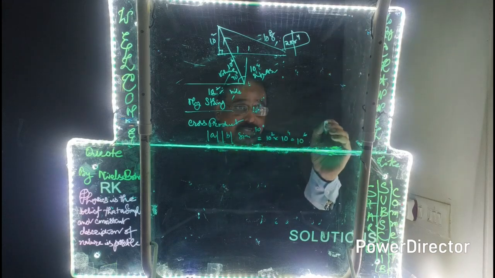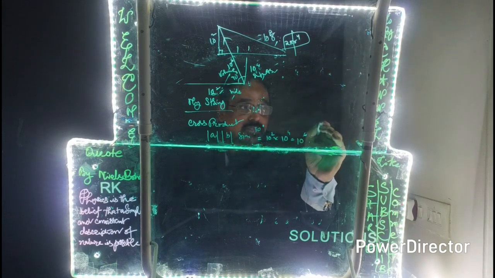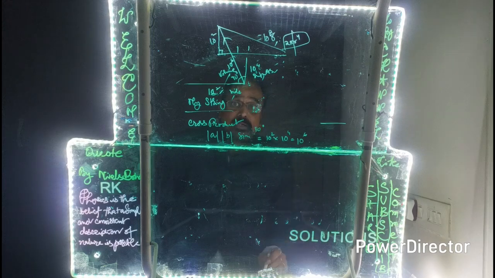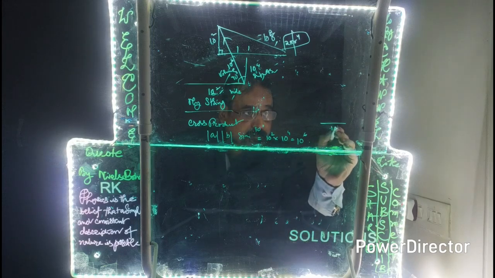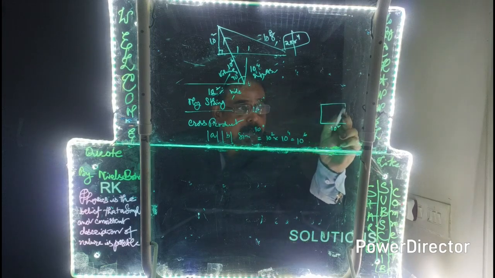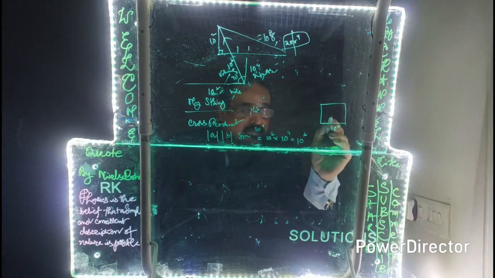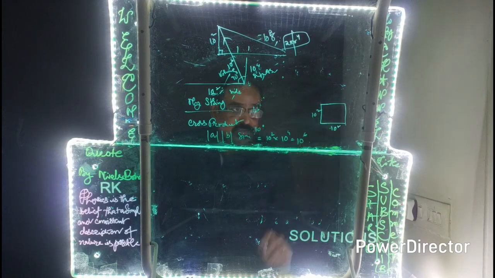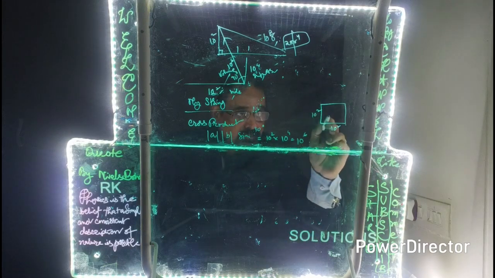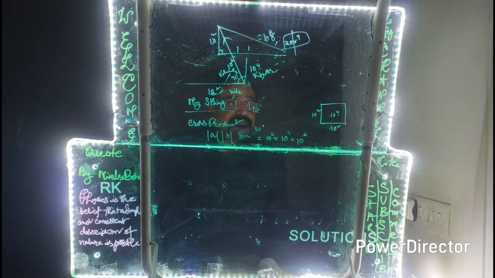Similarly, on this side, we take 10 squared, 10 squared. This will become 10 raised to 4. 10 raised to 4 into 10 squared.